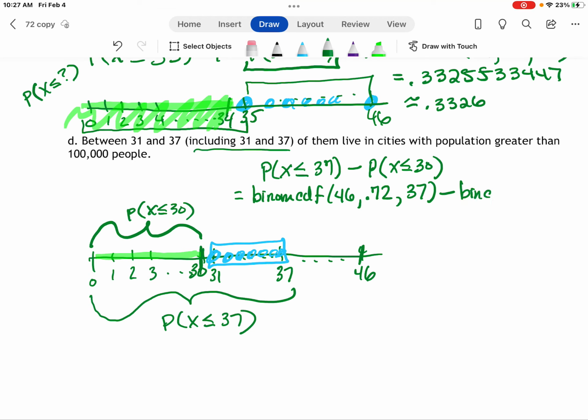Then I'm going to subtract binomial CDF, same thing, 46, 0.72, but my value of X in this case is going to be 30. So when I calculate that and hit enter, I'm going to get 0.7363744302, and then we round that to 4 places, we get 0.7364.